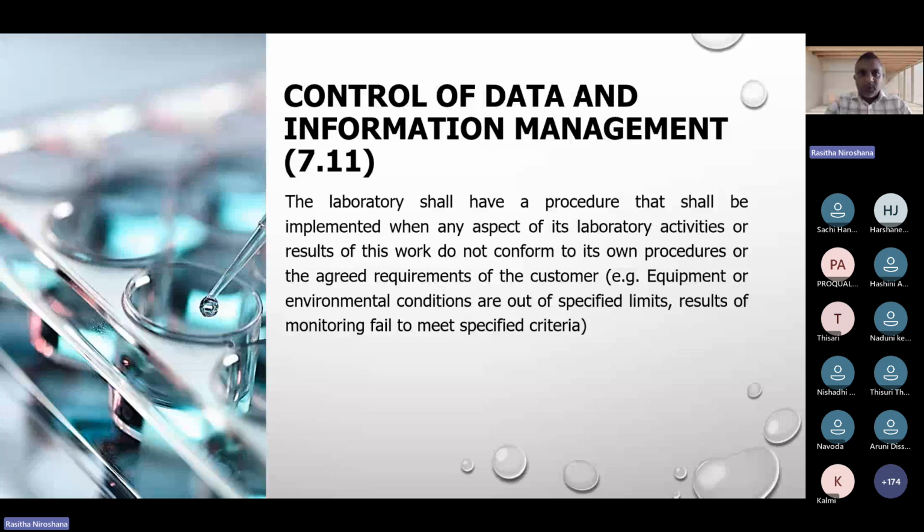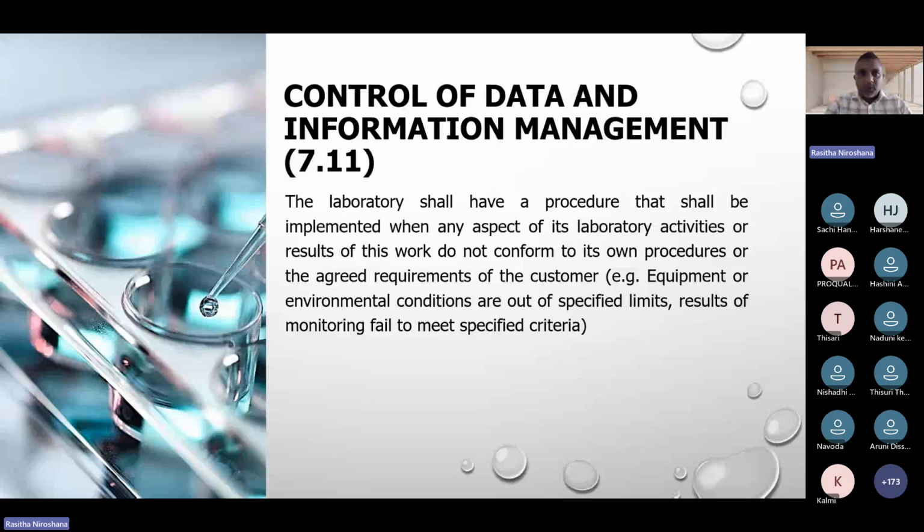So here basically we talk about the information management system used for selection, processing, recording, reporting, storage or retrieval of the data. It shall be validated by the laboratory for functionality, including proper functionality of interfaces within the laboratory information management system, before introduction.